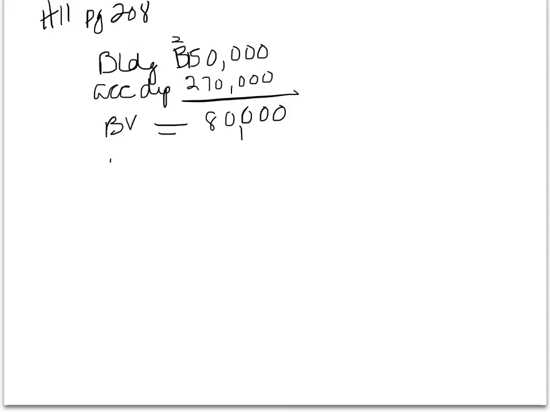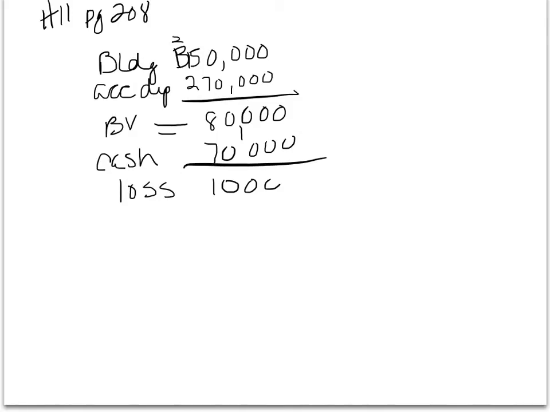Therefore, if we got cash of $70,000, we know that we have a loss of $10,000, because the cash is less than the book value.